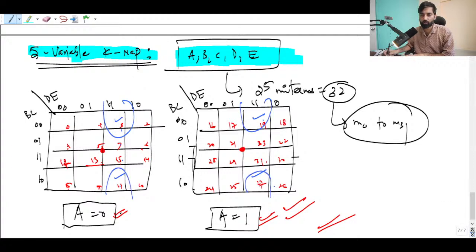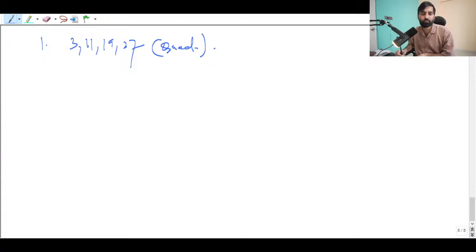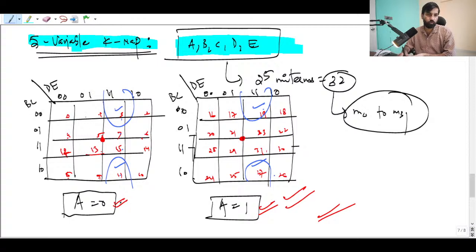They might make a quad, right? So I'm just going to write here, 3, 11, 19, 27, they might make a quad. Quad means group of 4 ones. And next is, you can say 4, 5, 20, 21.